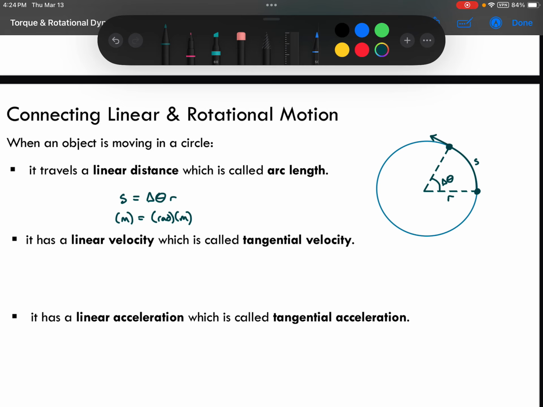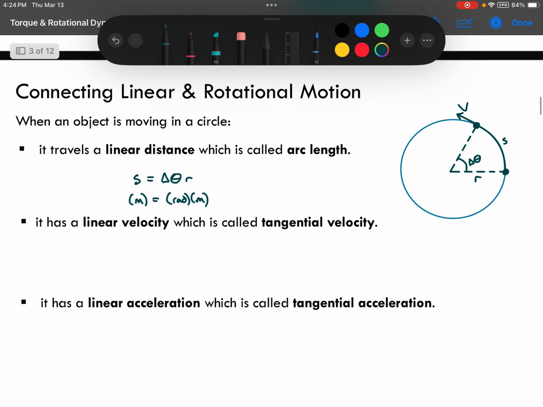And we also know from early kinematics, velocity is displacement over time. So velocity is s over t, and s is delta theta r. Sorry, delta theta r is s, and then we're dividing that by t.